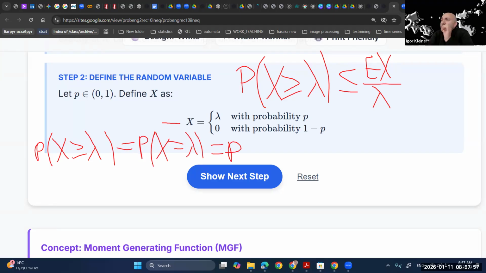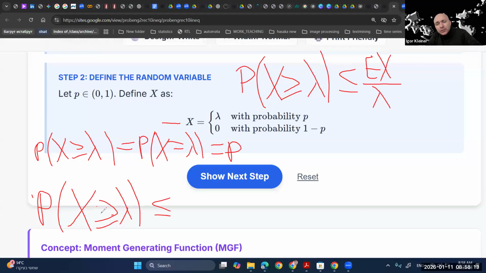This is the exact solution. You agree? But now let us use Markov inequality to bound this probability. Can we use Markov inequality? Yes, because x is not negative.